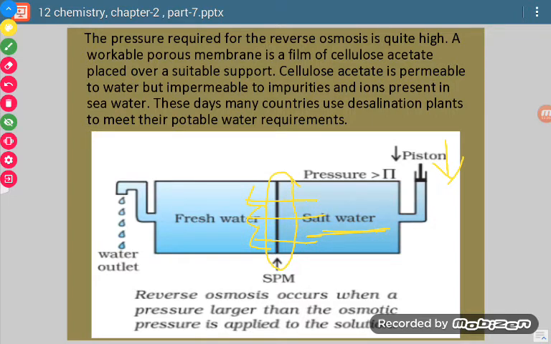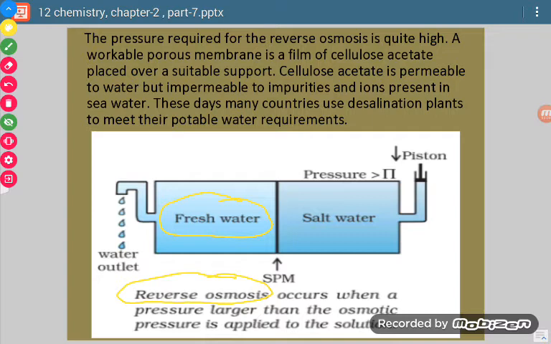So from the salt water, solvent molecules will start moving towards the other side, and on the other side we get only water, which is fresh water. So the process used here is reverse osmosis.